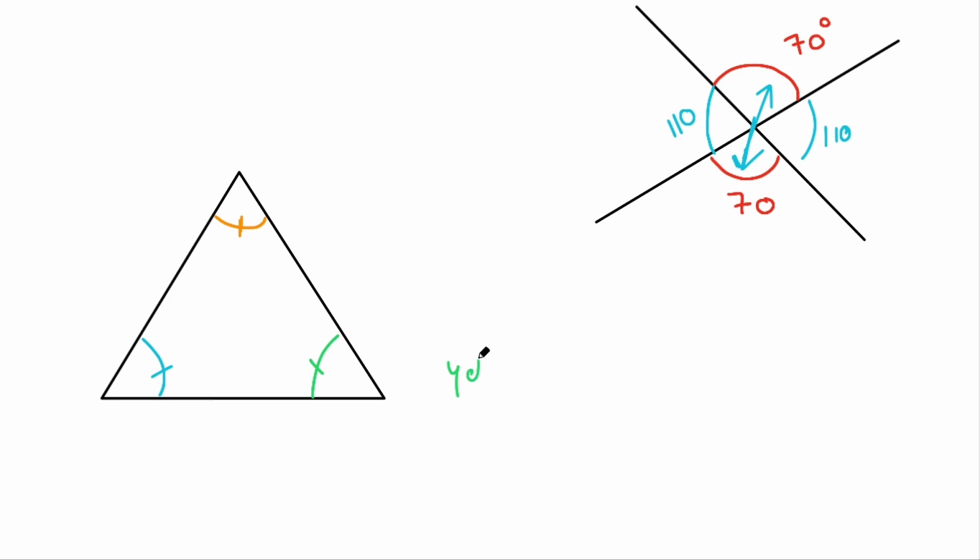So the yellow plus blue plus green is equal to 180. And these are all theorems, they're facts. They're given to us and we're allowed to use them. You do have to learn how to prove them eventually, but for now, we just need to remember them as facts. Okay.